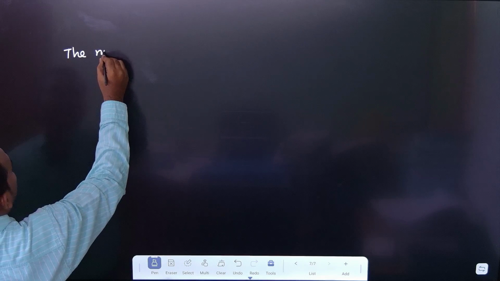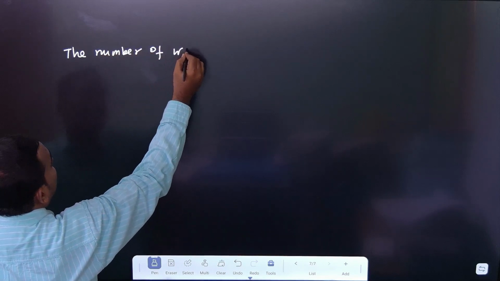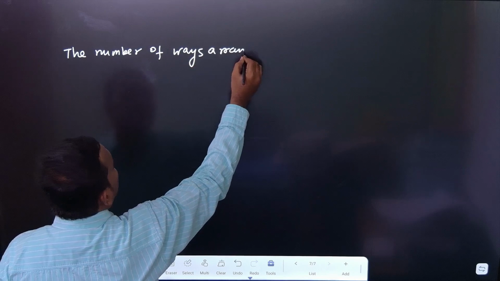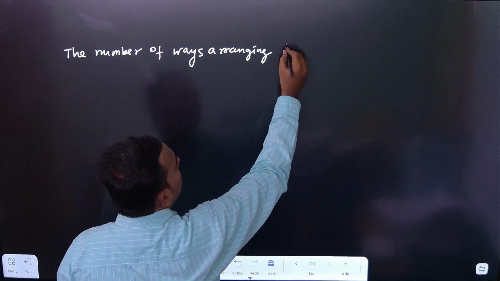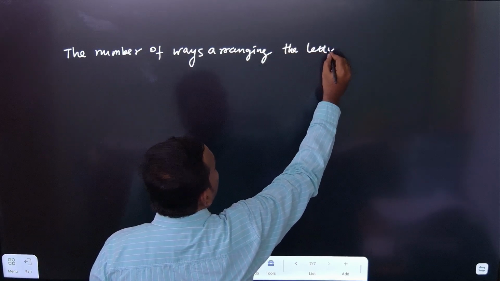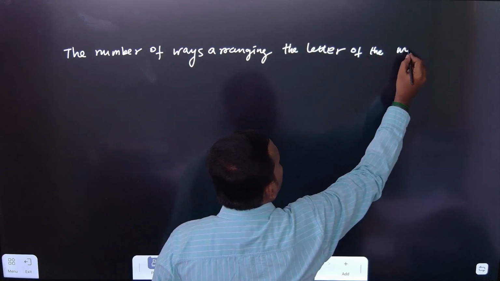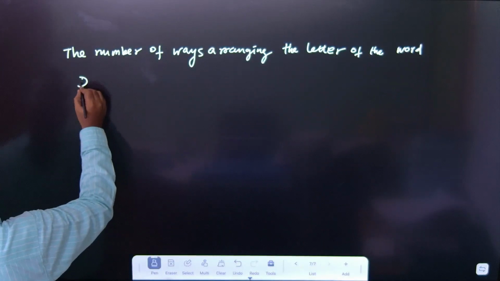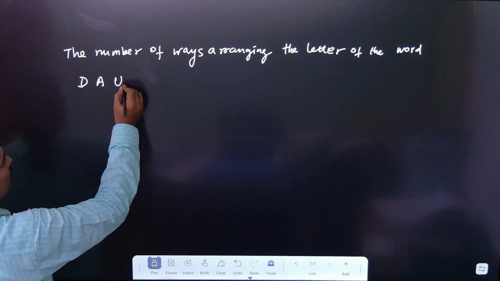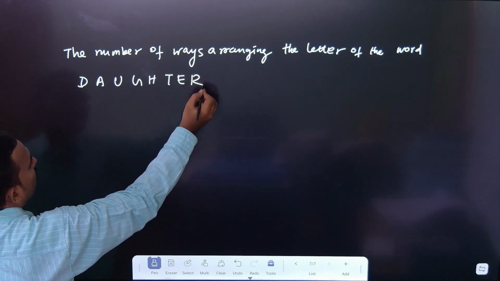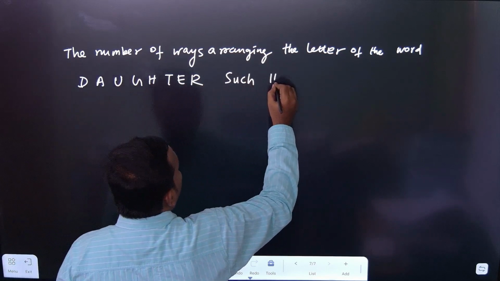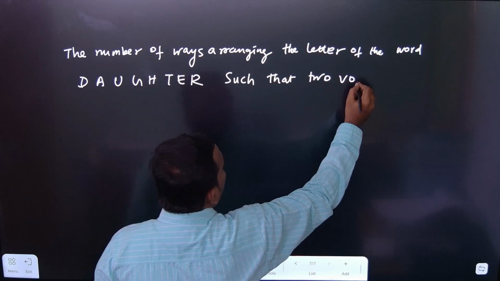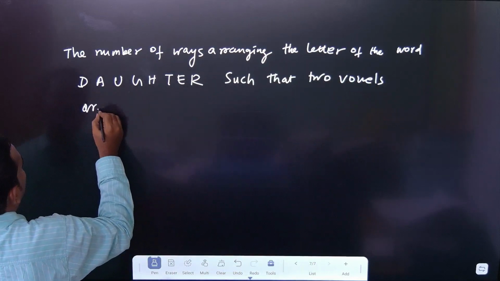The number of ways of arranging the letters of the word DAUGHTER such that no two vowels are together.